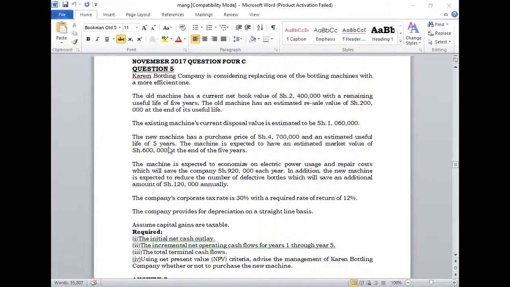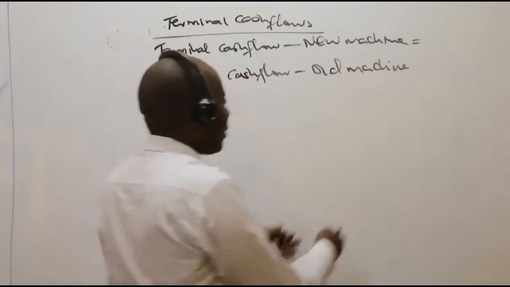You can see the scrap, ladies and gentlemen, is 600. This new machine, the terminal cash flow is 600.